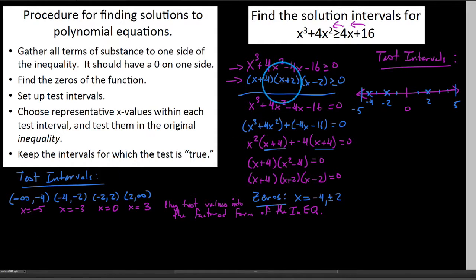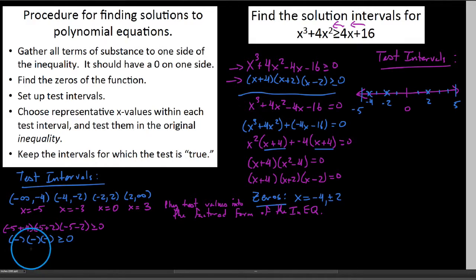Looking at our first test value, -5, we're going to plug that into this inequality. We would get -5 plus 4, -5 plus 2, and -5 minus 2, and we're saying this is greater than or equal to 0. What's interesting this time is that we get a negative here, -5 plus 2 is a negative, and -5 minus 2 is a negative.